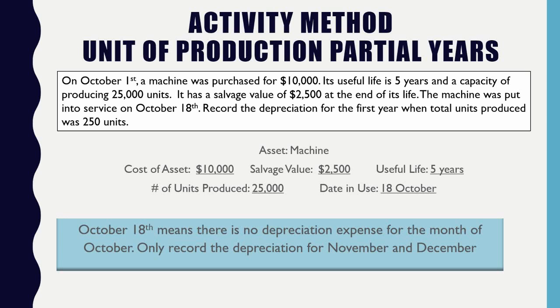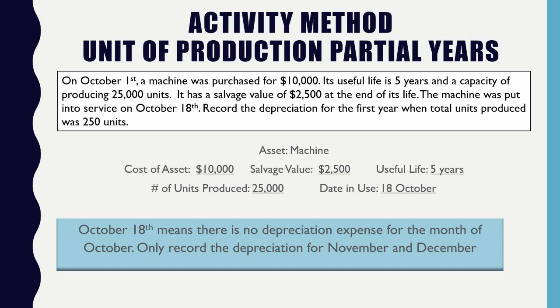So in this case, I have October 18. What does that tell me? Depreciation starts the next month. Correct, because it's past the 15th. So the month of October you wouldn't count, because it's less than 50% of the month.